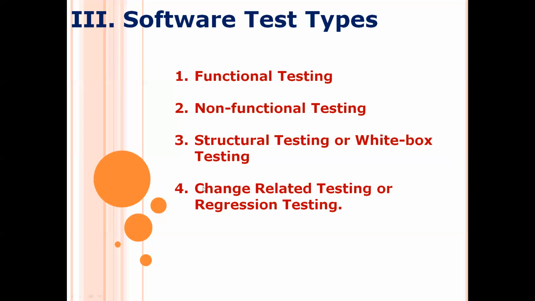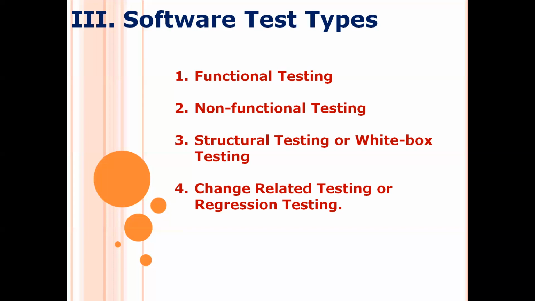Next, fourth one, change related testing or regression testing. When changes are made to a system, either to correct a defect or because of new or changing functionality, testing should be done to confirm that the changes have corrected the defect or implemented the functionality correctly and have not caused any unforeseen adverse consequences.